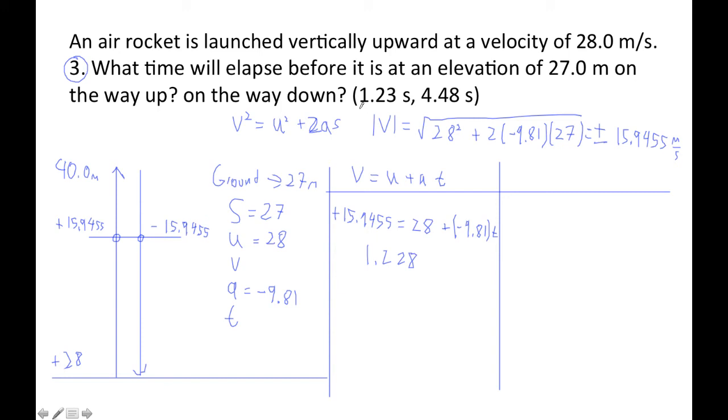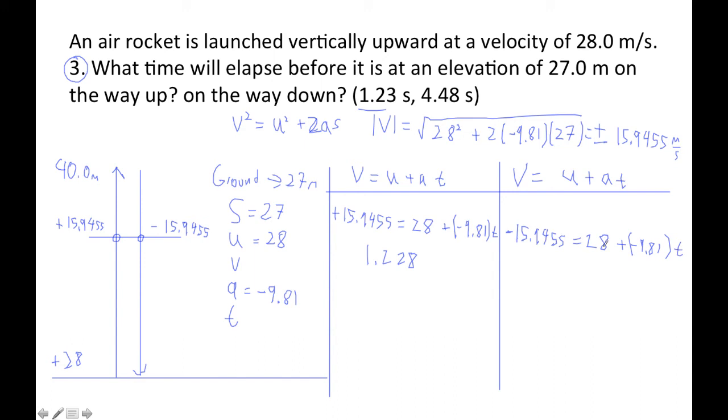Or 1.23 seconds, right? If I do it for the way down, I just do the same thing, v equals u plus at, right? My final velocity, though, is negative 15.9455, right? And then that equals 28 plus negative 9.81 times t, right?